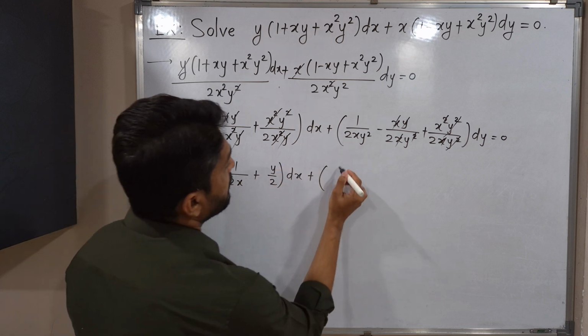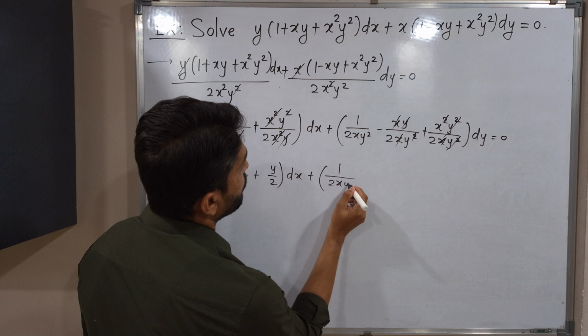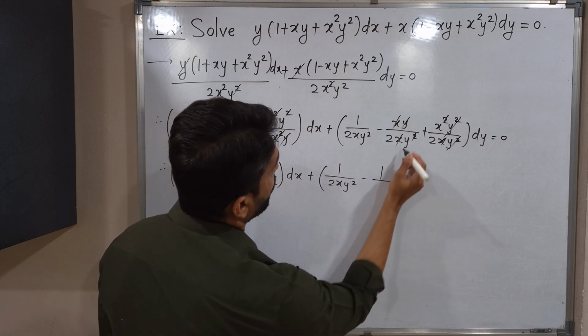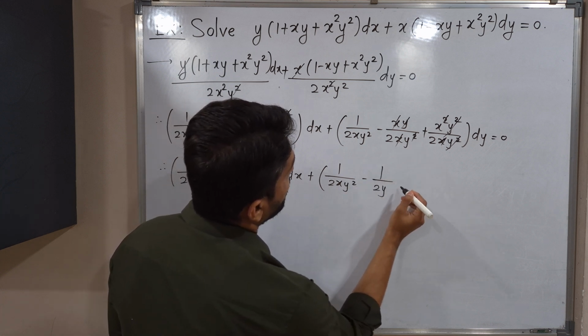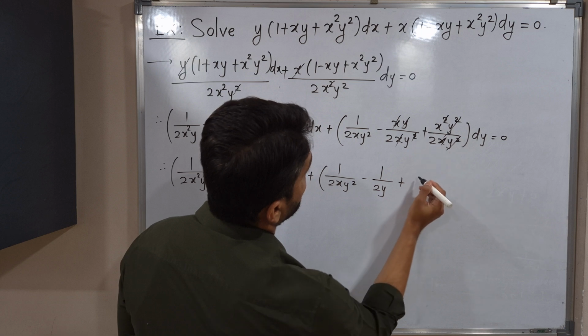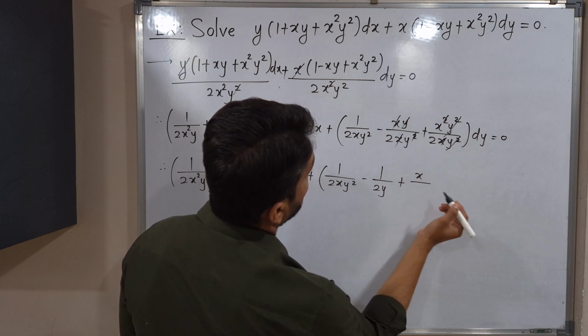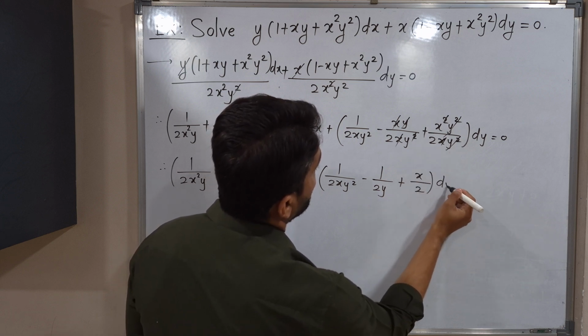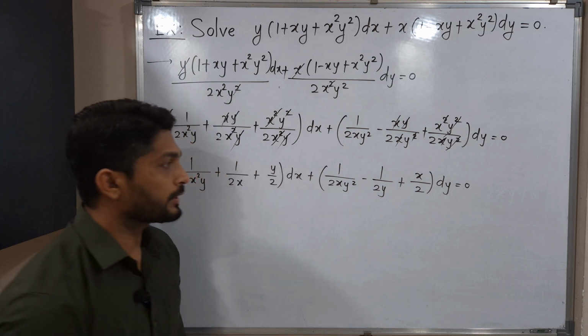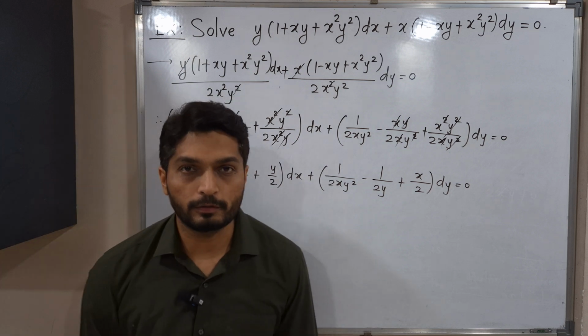Let us see what will happen here. 1 upon 2xy square minus 1 upon y is there in denominator plus x is there at numerator and by 2 dy is equal to 0. Okay, so finally we got this differential equation.